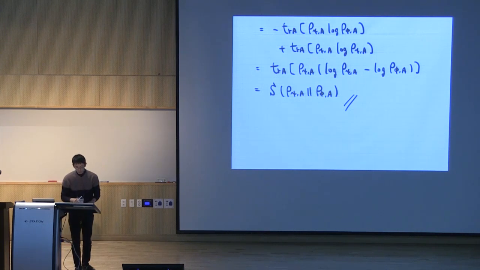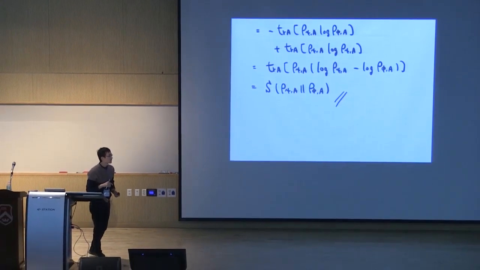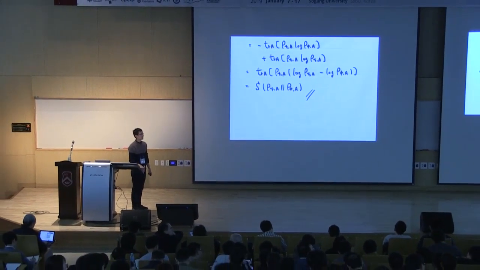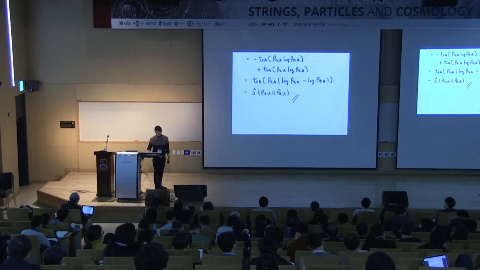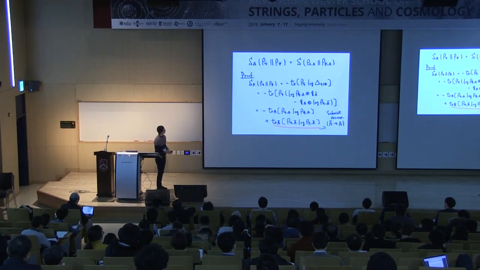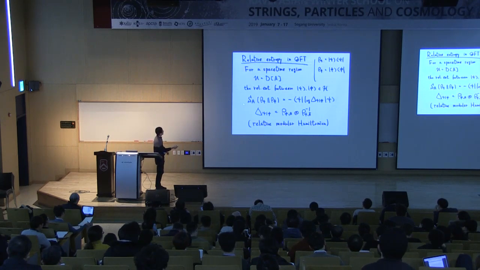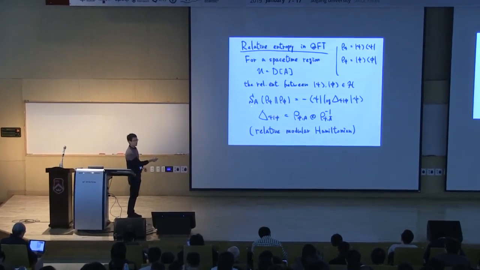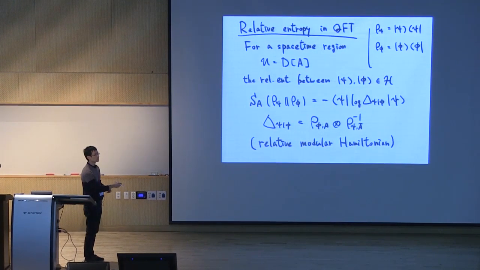In this proof, you treated A as a portion of the total Hilbert space, right? Instead, a few slides before, you were treating A as a portion of space-time. How are the two related? My new definition here depends on A, a space-time subregion. How do I map this space-time region to a portion of the total Hilbert space?